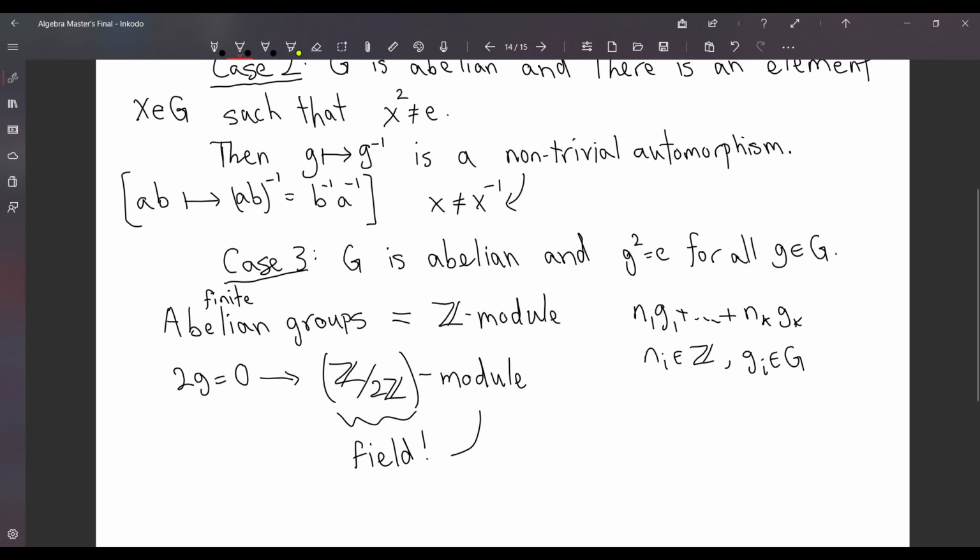But Z mod 2 is a field. So this structure is actually a vector space, a finite dimensional vector space, because G is finite. G is a finite dimensional vector space.